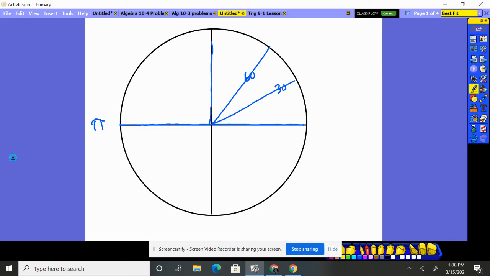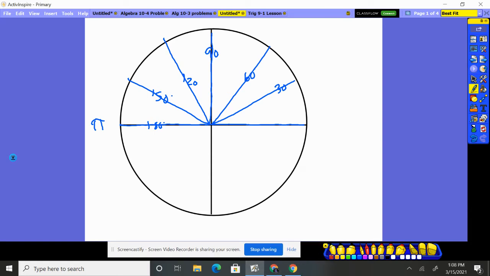And then we got 90 degrees straight up. And then I'm going to come at 120. I'm just going by 30 degrees, 150, and then we'd be at 180. Now think of this. We know all the way is pi or 180 degrees if we open up all the way. Well, if we take this pi, notice from here to there is pi.